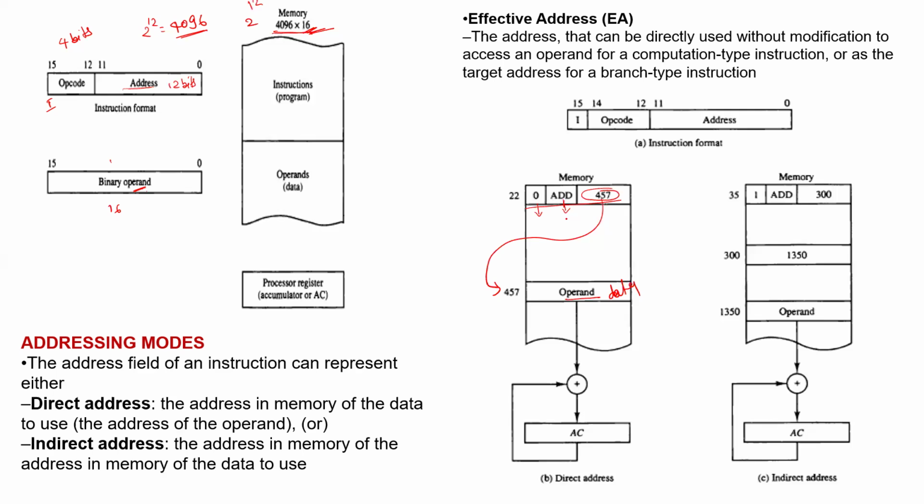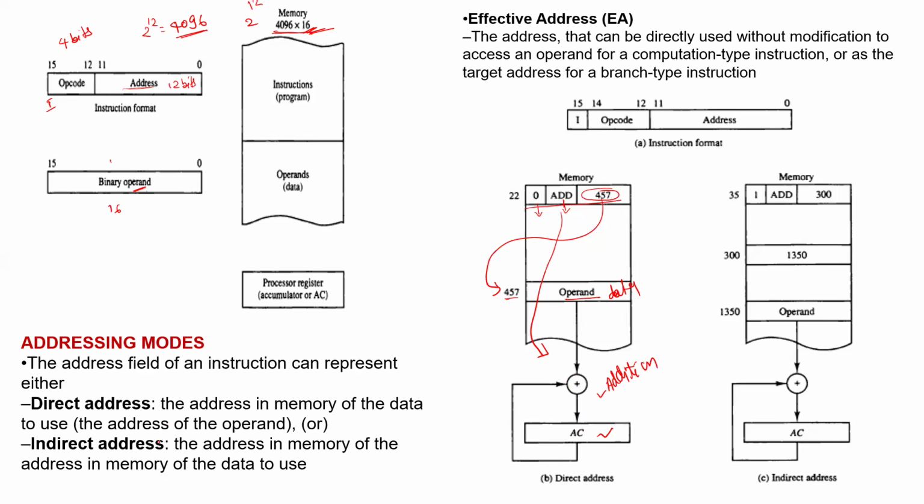So finally this addition operation is performed between the contents of the accumulator and the data available at address 457. Between these two, the addition micro operation takes place. So this is the example of the direct addressing mode.